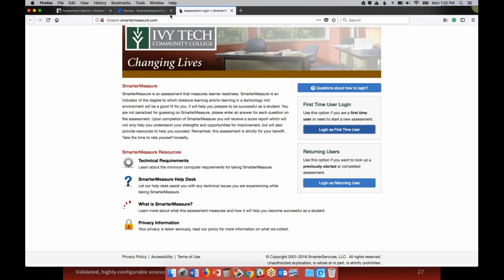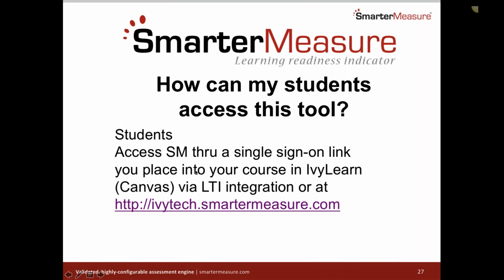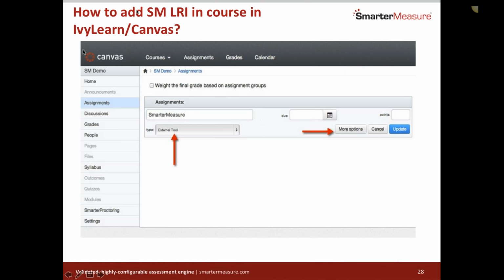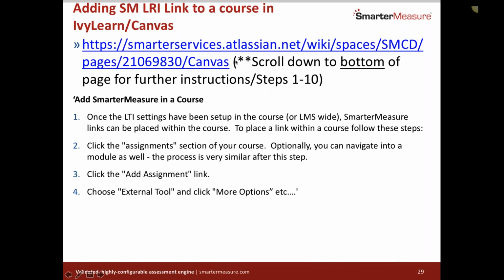But back on the slides, I have some screen captures and a link, on the next slide, to the specific way to add it in Canvas. Obviously this is not your specific IvyLearn, this is just a Canvas account, but SmarterMeasure is located in the external tools.